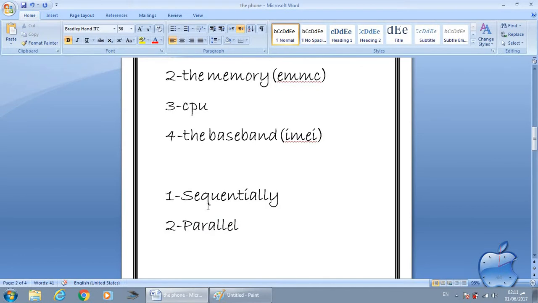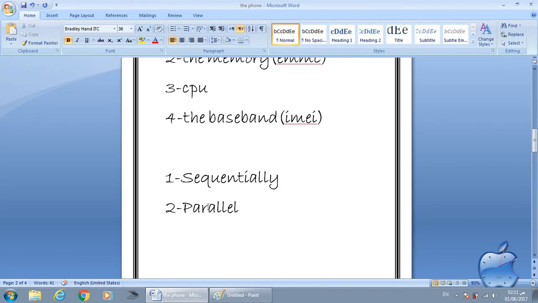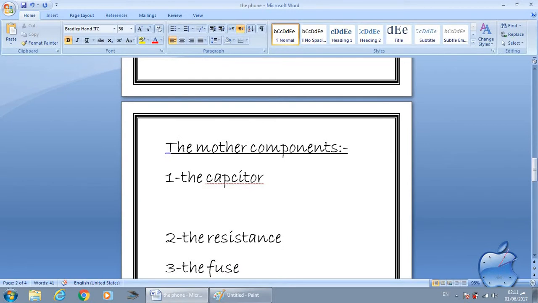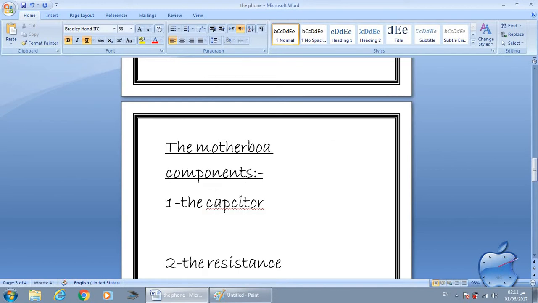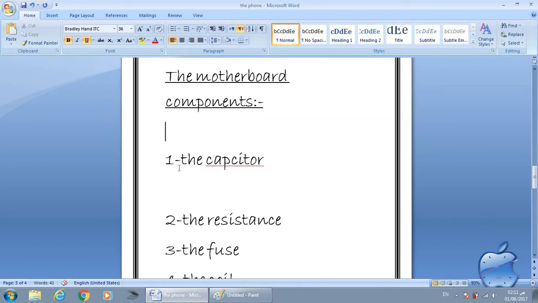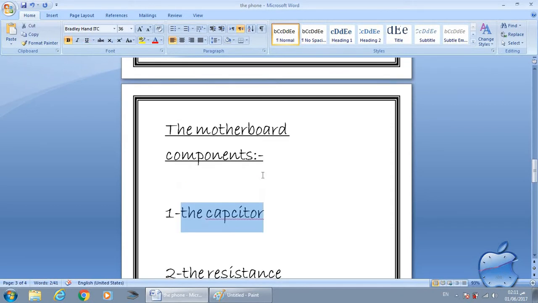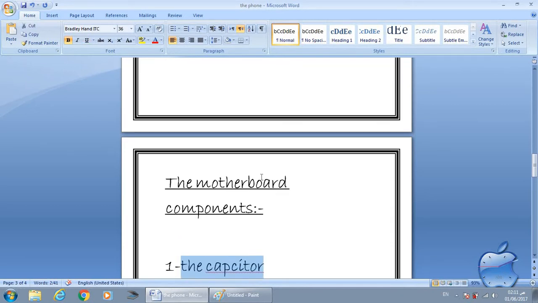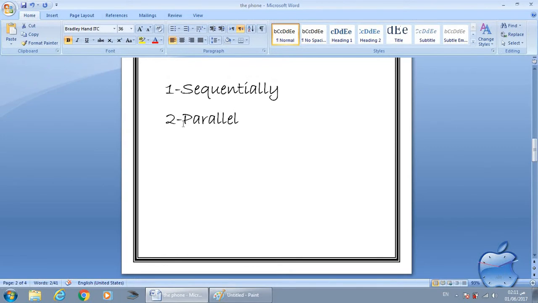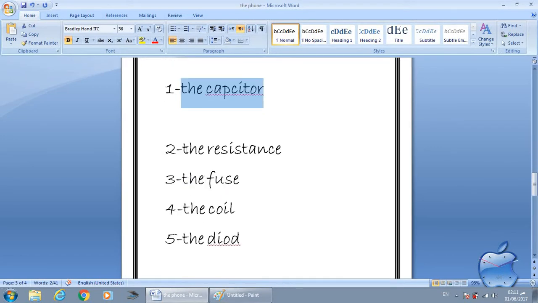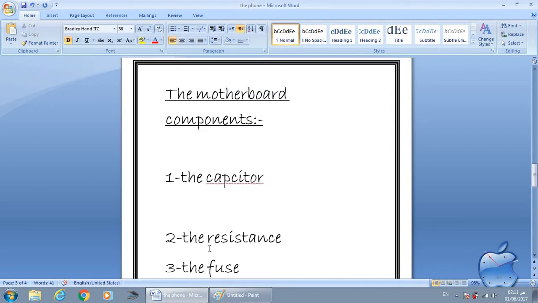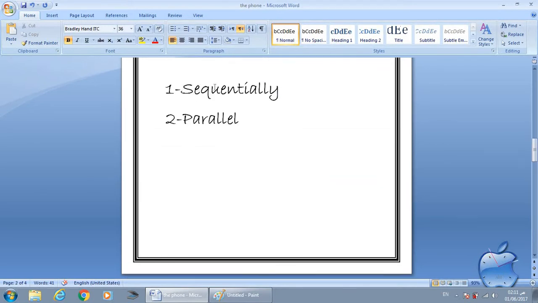And to make things clearer, the motherboard components are the capacitor, which is the only component on the parallel path, and the rest of the components, the resistance, the fuse, the coil, and the diode, are on the sequential path.